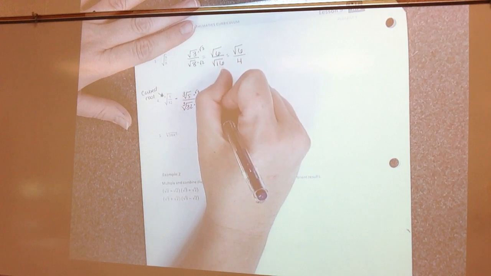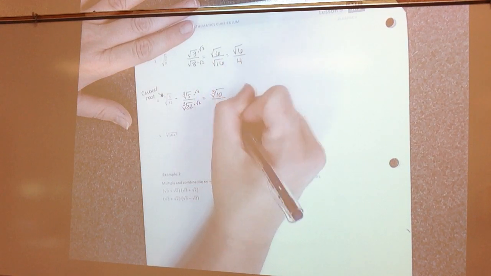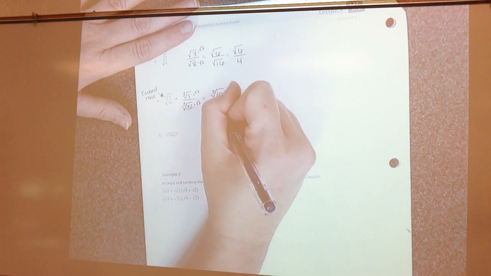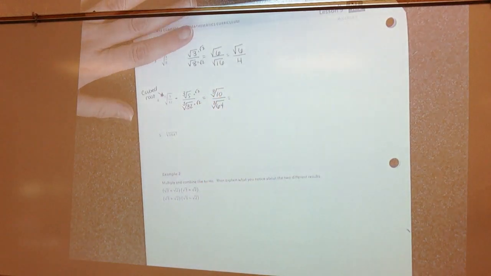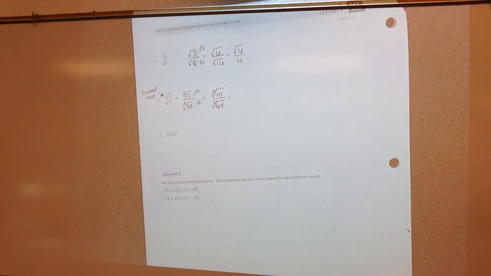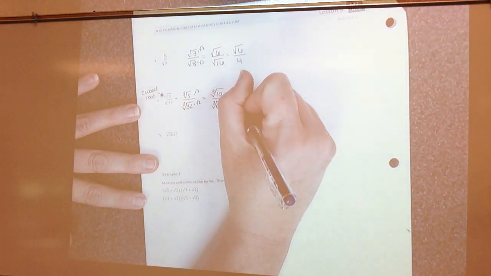So that now gives me the cubed root of 10 over the cubed root of 64. When I use my calculator, if you need to, I find out that the cubed root of 64 is 4.